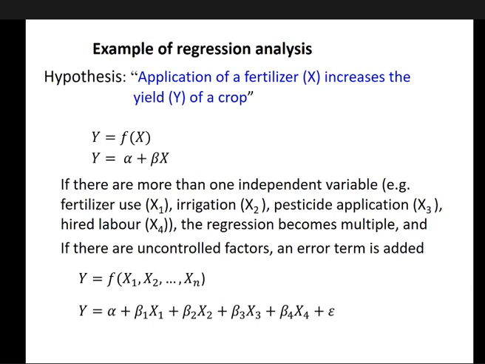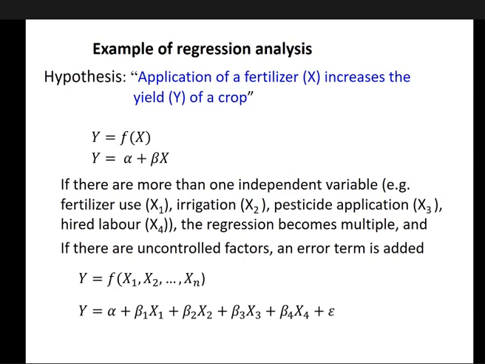And if there are some factors that are uncontrolled for, then you add an error term to take care of those factors that could also have an effect on the yield, but are not accounted for by these four independent variables we have specified. In that case, your model becomes Y being a function of X1, X2, X3, and X4.